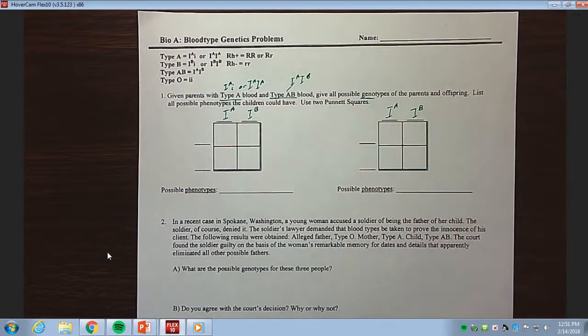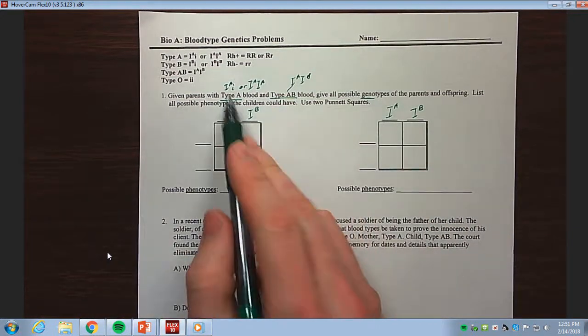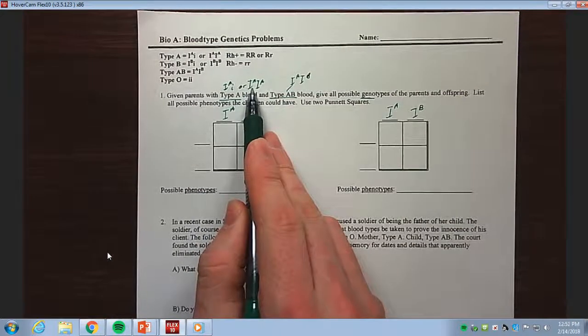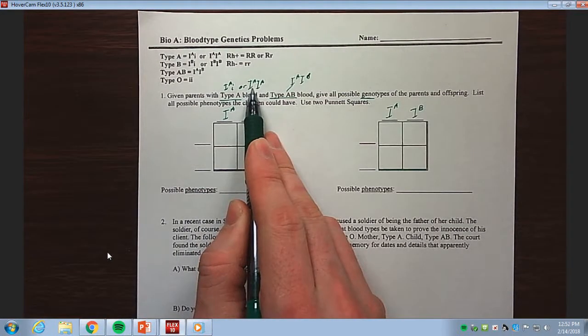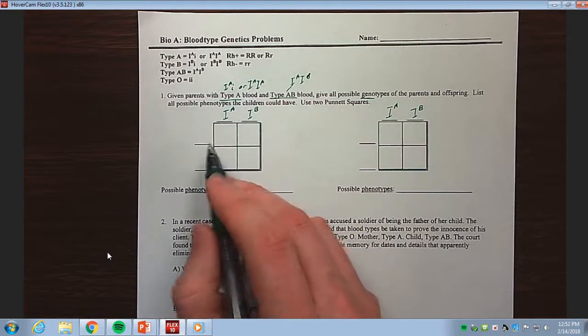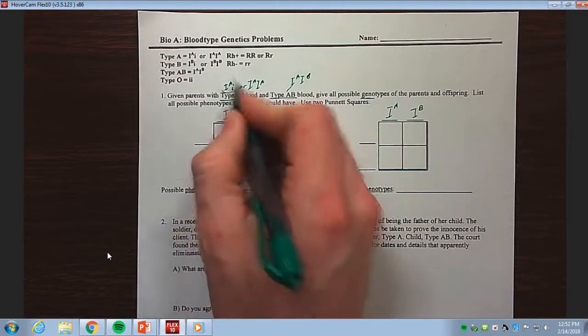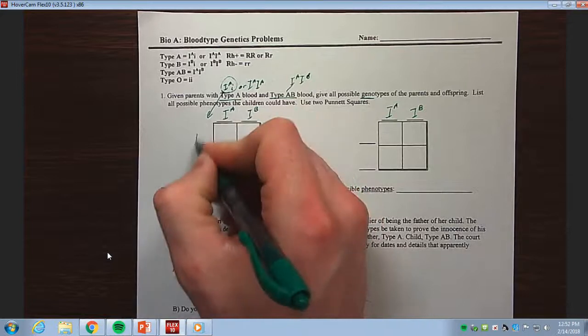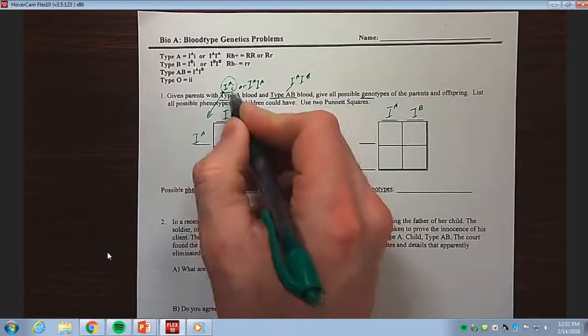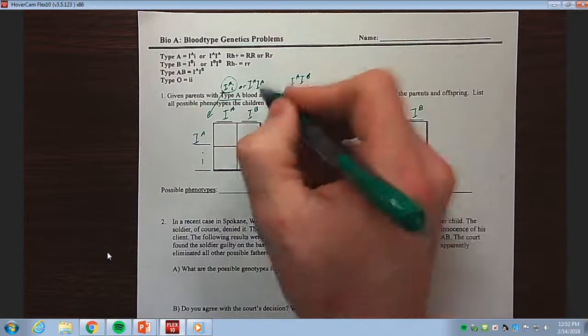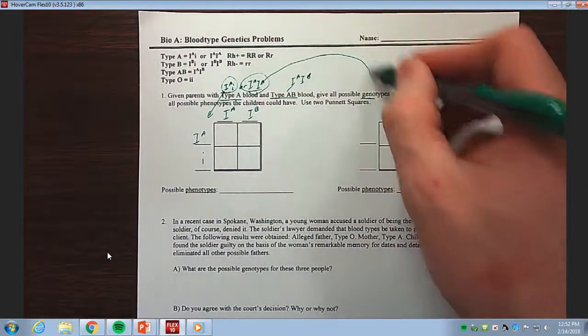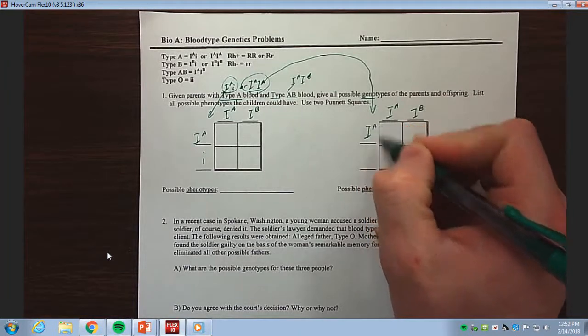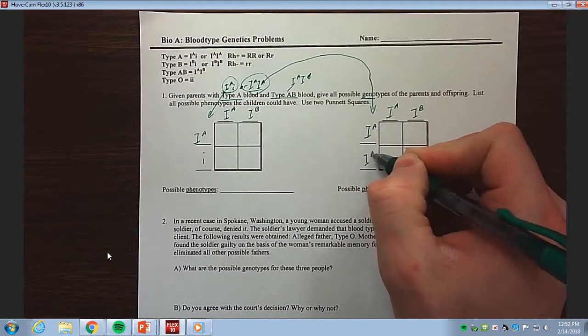And remember, we have these two options here for the other parent's genotype. So we have to represent those both on these separate Punnett squares. So let's take this one and put it in here, capital IA, lowercase i. And we'll take this one and swing it around here, capital IA, capital IA.